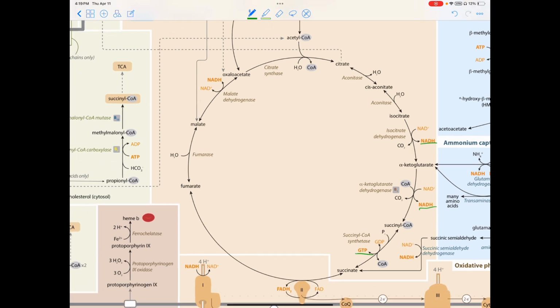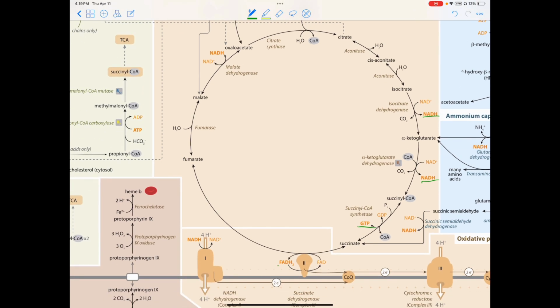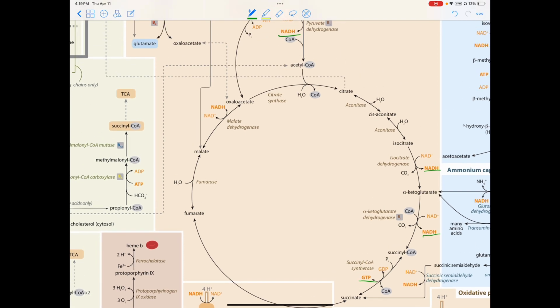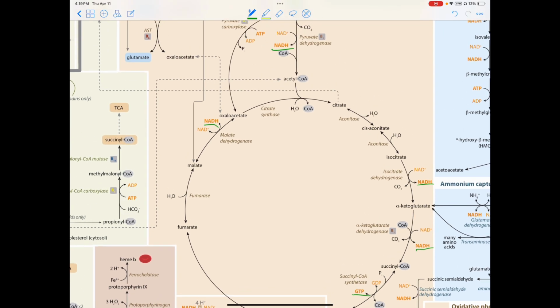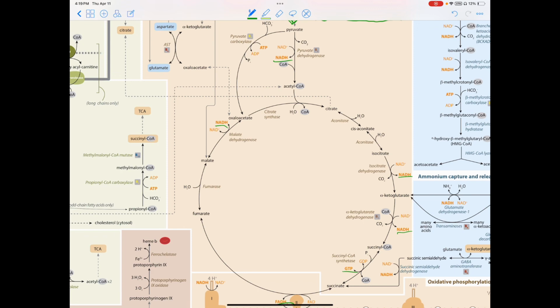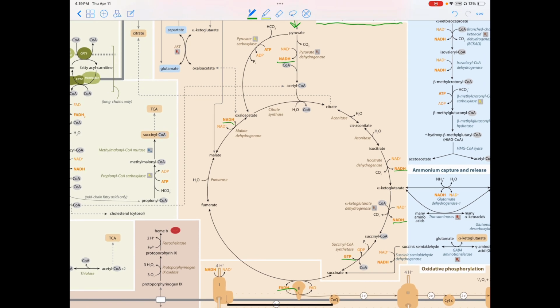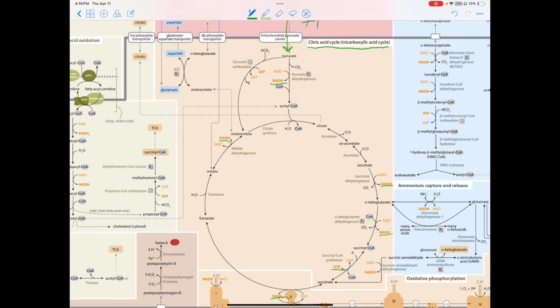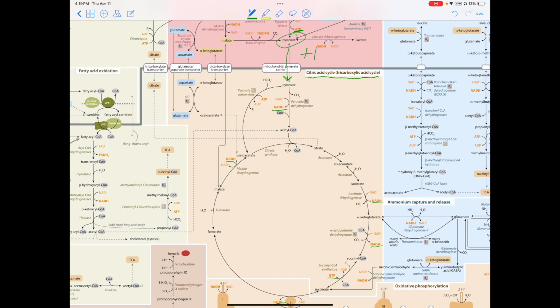We gain a GTP, which is like a little brother to ATP. We gain an FADH2, which also converts into ATP, and we gain an NADH here. But not only that, one glucose molecule will go around this circle twice. So we had +1 ATP right here.